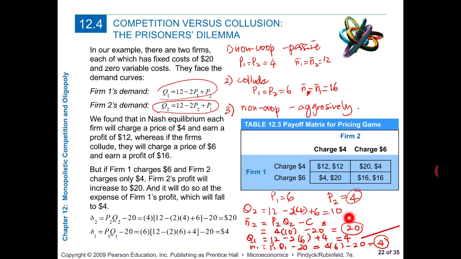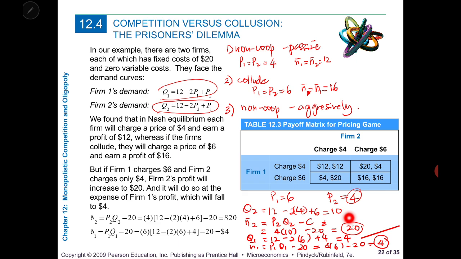Okay, so from all these 4 scenarios, we can put together a payoff matrix to show how firms will benefit from different price strategies, with the expectation of what the other firm might do. Okay, so let's say firm 2 decides to charge $6 while firm 1 charges $6.